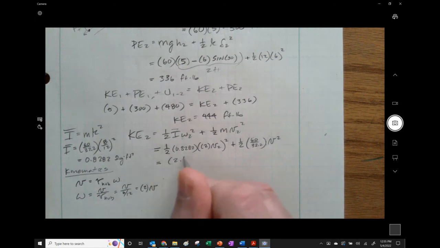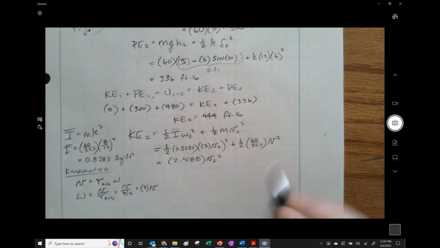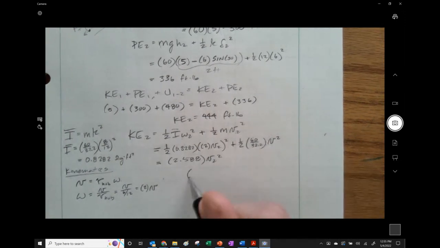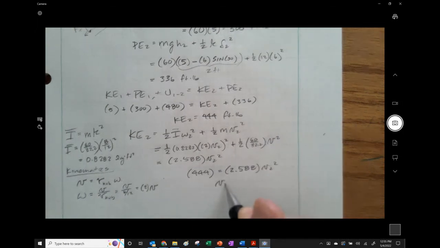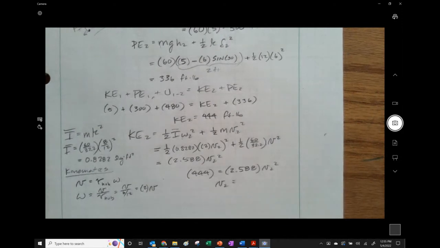So we get about 2.588 v2 squared. So if we set 444 equal to 2.588 v2 squared, v2 is the square root, 13.10 feet per second.